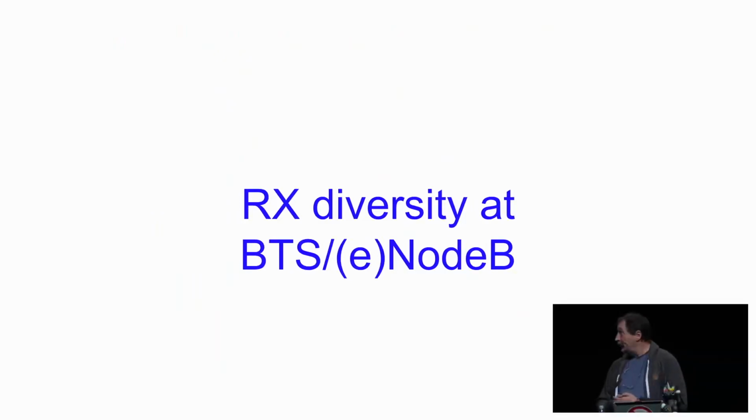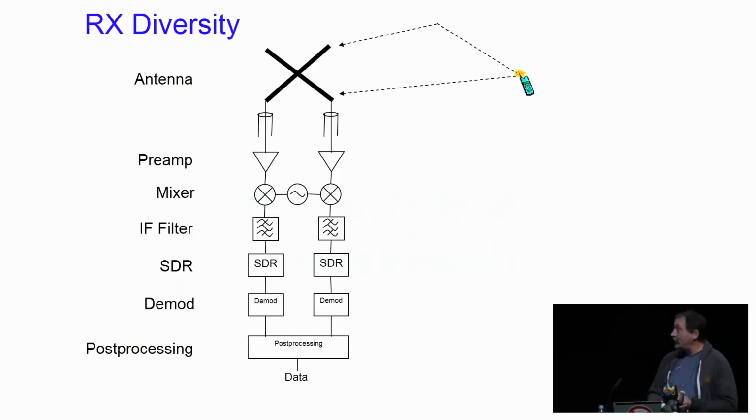And on the base station we have, since GSM, we've always had 2 antennas at least, and then we have RX diversity. So we receive the mobile device with 2 antennas, and so I can compensate for different running times, through mixers and SDRs and post-processing.